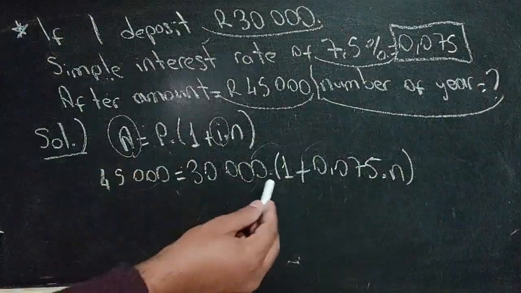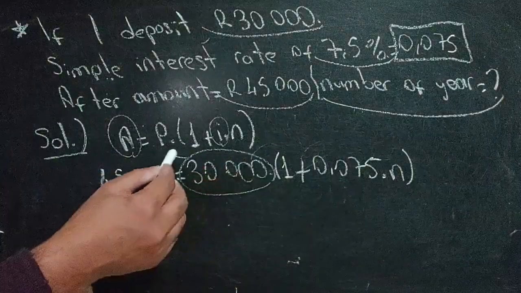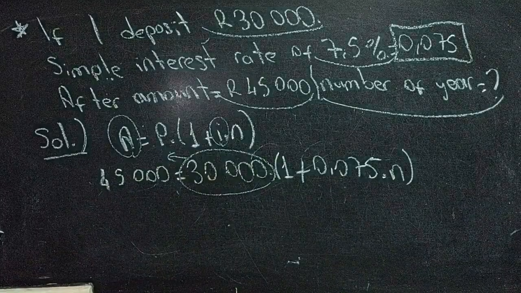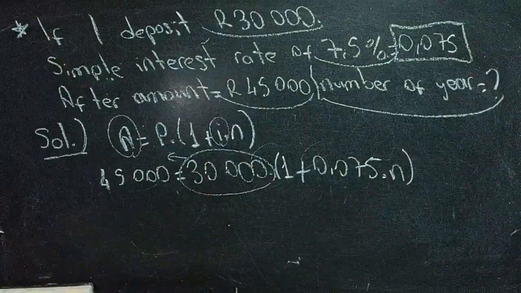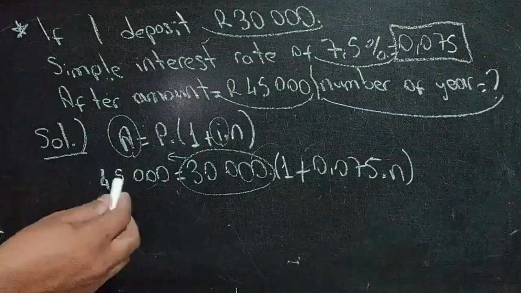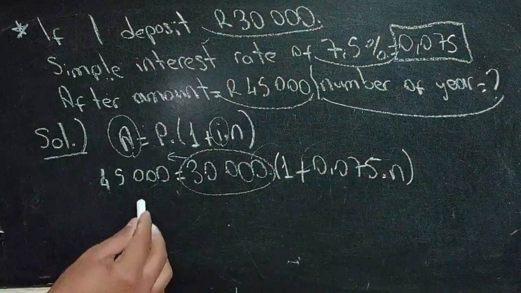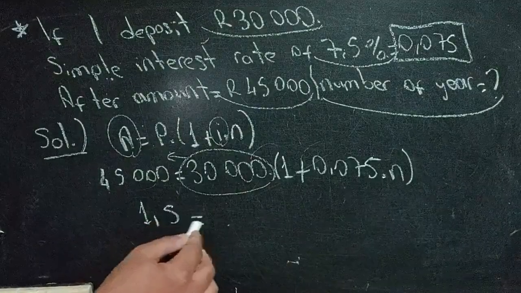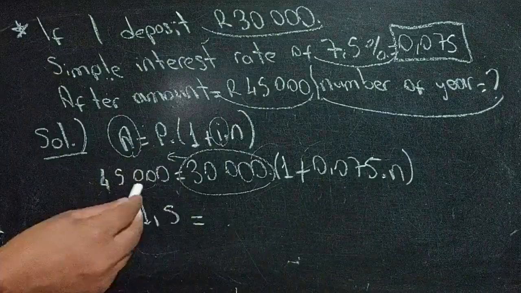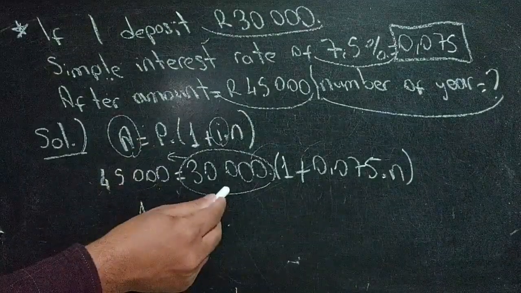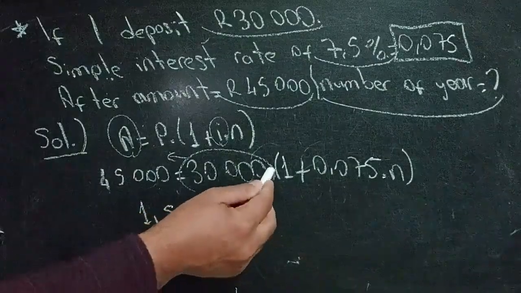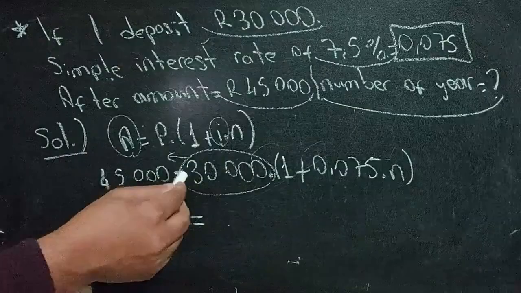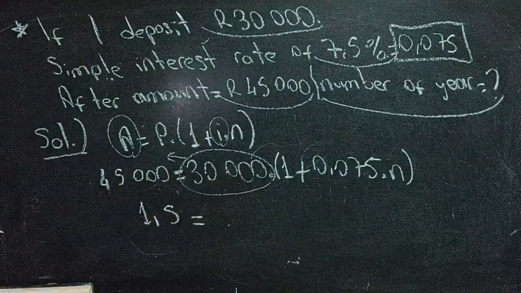What will you do is that you take this one to the other side as division. 45,000 divided by 30,000 will give you 1,5. You can use calculator to check. Why I send as division? Because this is multiplication. When you send to the other side of equal sign, it is going to be division.